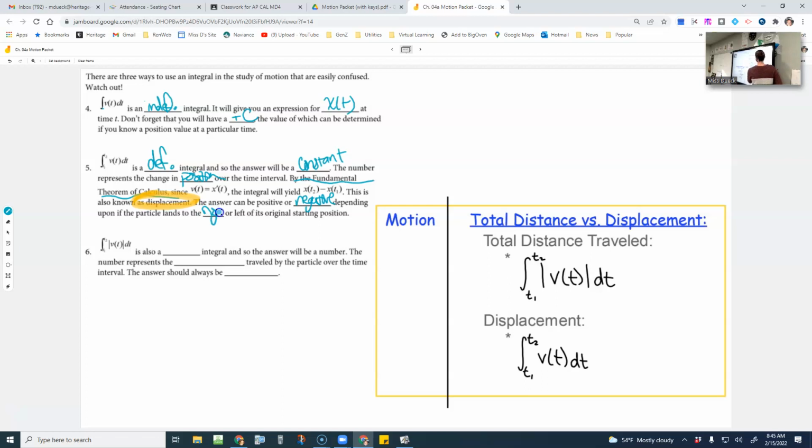In this case, we would say to the right or left because that's what they're measuring. I also have a definite one for my total distance traveled. It will be a number. It'll represent the total distance, so it should always be positive, and I'm always adding up absolute values.